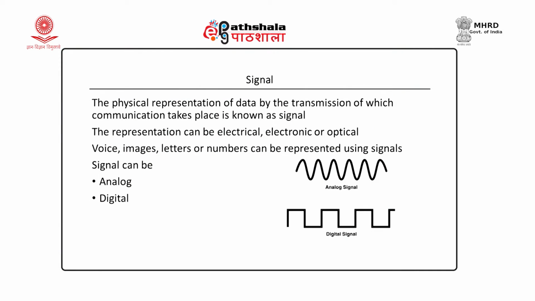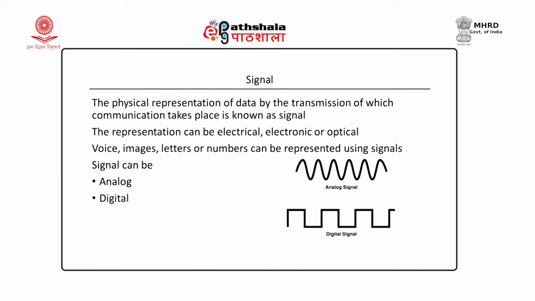Just have a recap of the definition of the signal which was discussed in the previous module. What is a signal? It is a physical representation of data by the transmission of which communication takes place. So, we want to transmit some data and how is that transmitted? Via the electromagnetic waves, and we put the data on the electromagnetic waves, it is a signal.